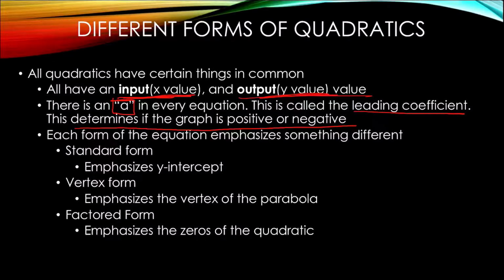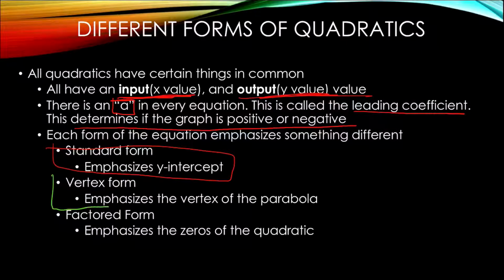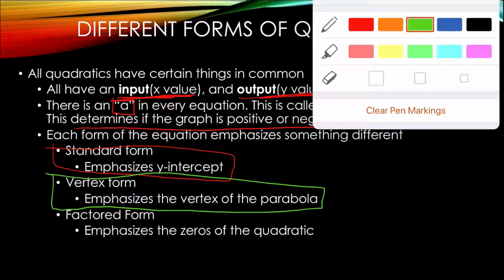Each form of the equation emphasizes something different. The standard form emphasizes the y-intercept. My vertex form, which is my favorite form, emphasizes the vertex of the parabola. I feel like it's the most useful.